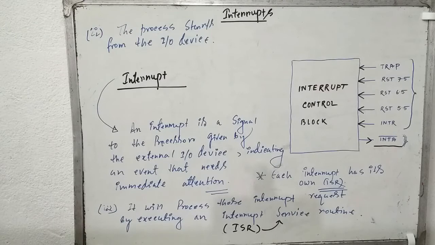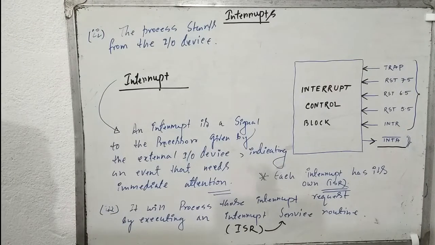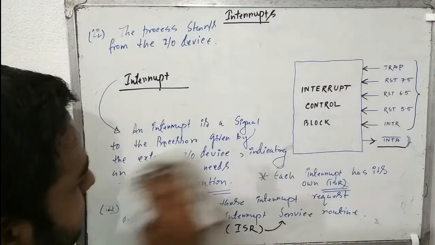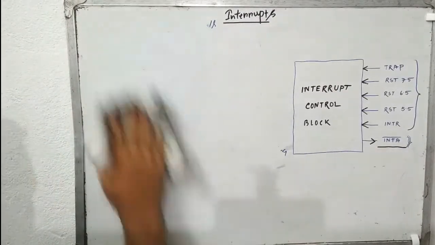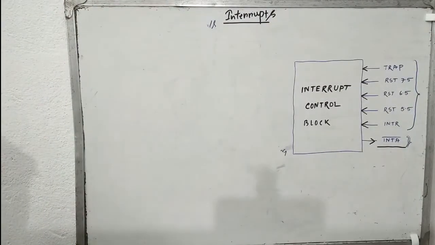So those were some features of the interrupts. The next question is, what are the different types of interrupt available in the 8085 microprocessor? Let me first erase those things.